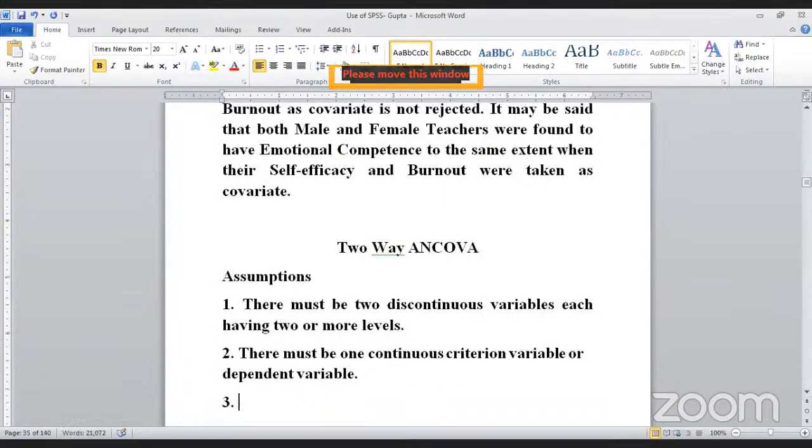The third, there must be at least one covariate which is continuous.